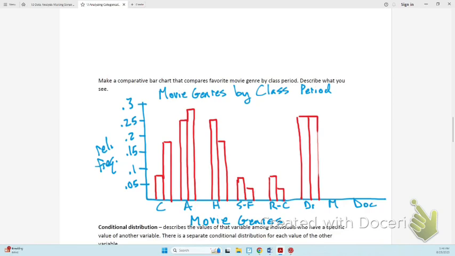And a 0, and then 0.03. It still doesn't tell me exactly what's going on, so let's do a little legend. 1st and 8th, and let's shade in the 8th period bars. And then finally we're done.